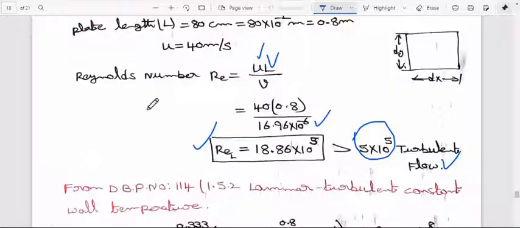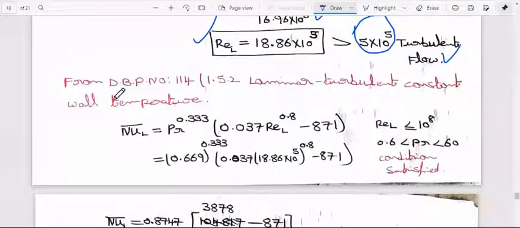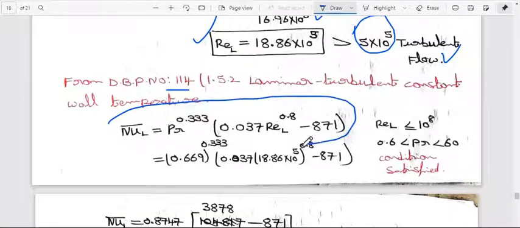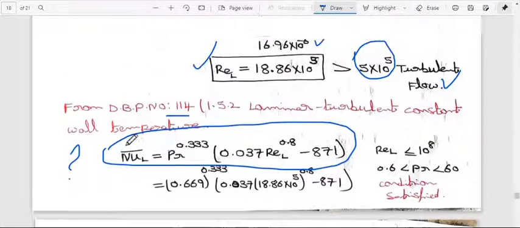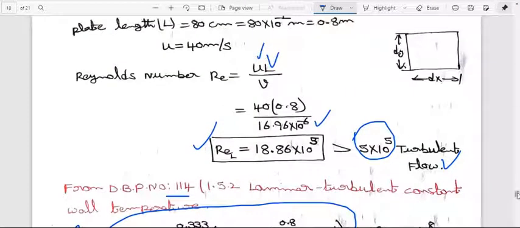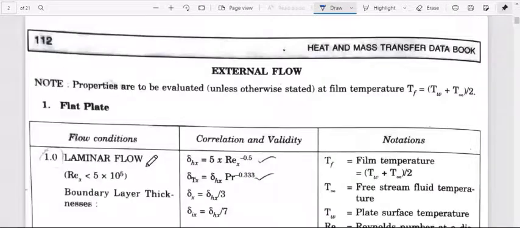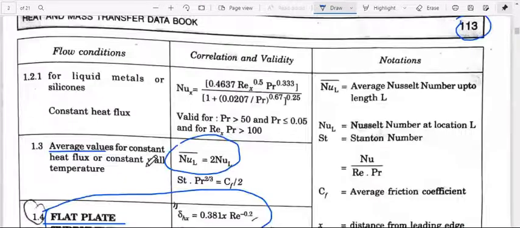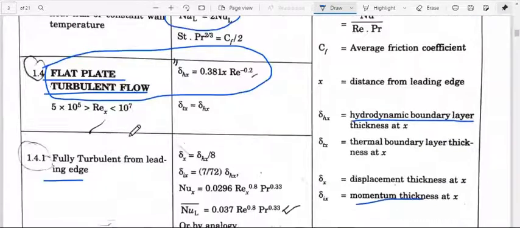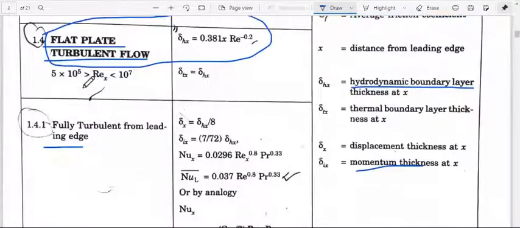We need to check. So from data book page number 114, laminar and turbulent constant wall temperature, how can we take this formula? So here this is the turbulent flow, laminar, turbulent flow.